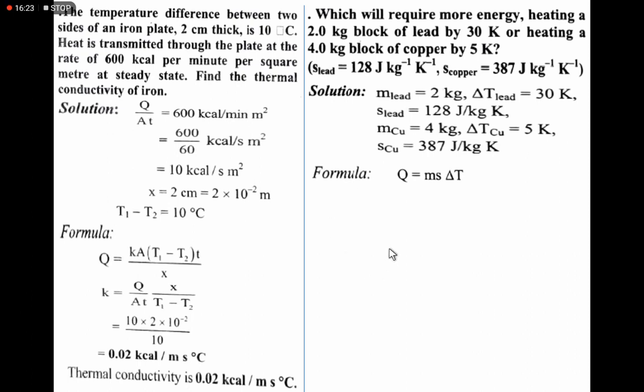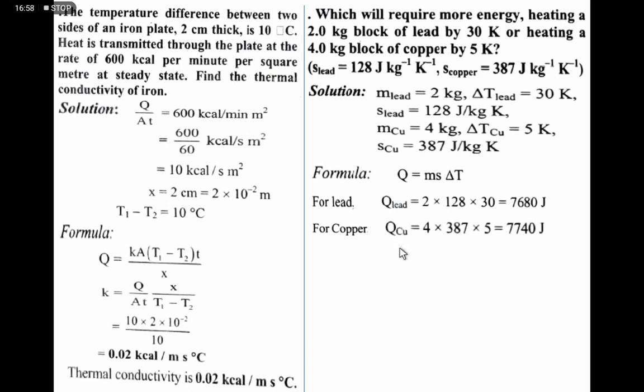So for lead, we find out separately this Q, that is, the heat required. That is 2 into 128, the specific heat capacity of the lead, and temperature is 30 Kelvin. So this becomes 7680 joules. In the same way we can calculate for copper.